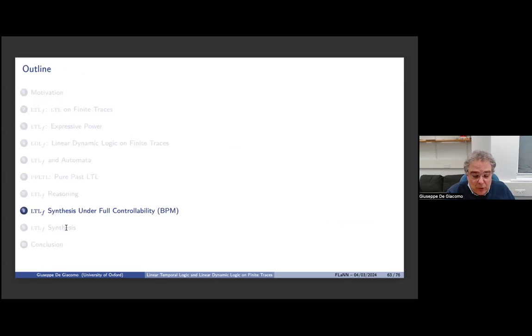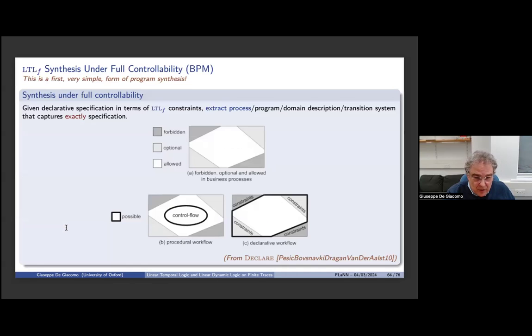Okay, now I want to get to synthesis. Here we have synthesis in a closed loop where everything is under the control of the synthesizer, and this is the case of interest for BPM. Essentially, they want to look at this white region here, all expressed in LTL with LTLf constraints.